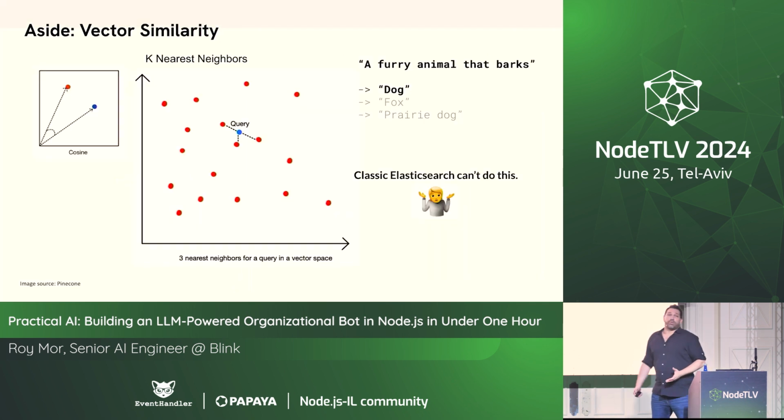And that means we can run semantic searches, similarity searches using vectors. So for example, if I have a database of animal names and someone runs a search for a furry animal that barks, it would output dog, fox, and prairie dog if I only knew what that was. But this is something that you can't really get with classic keyword lexical search.